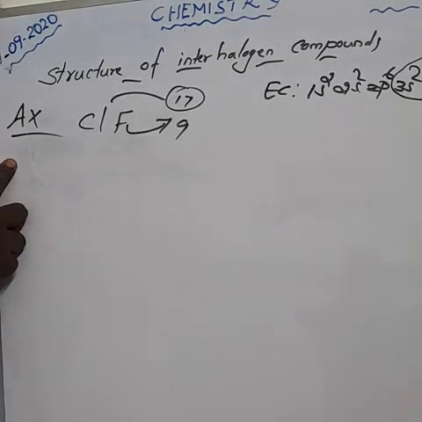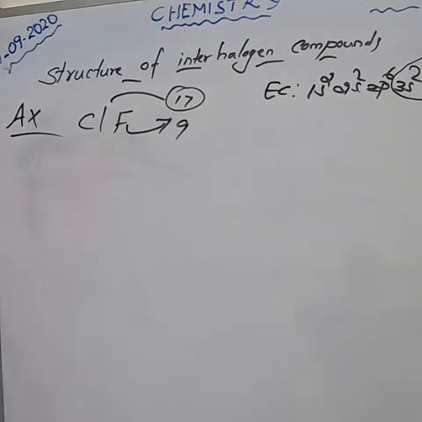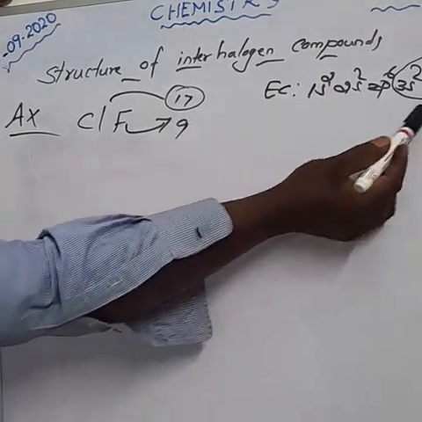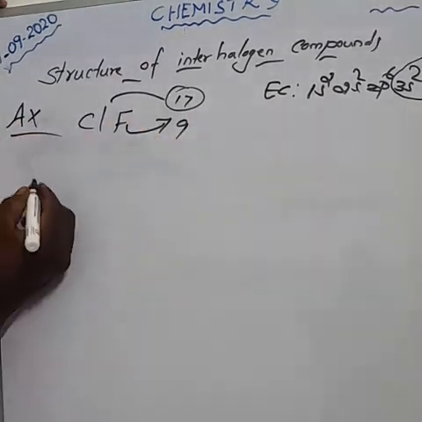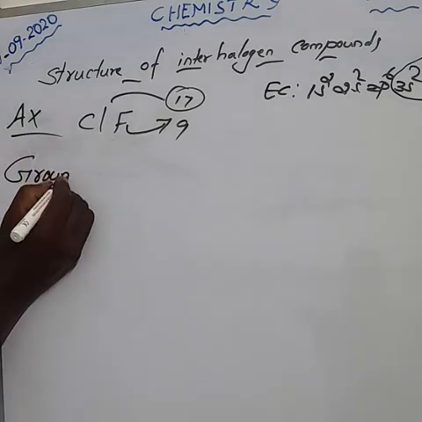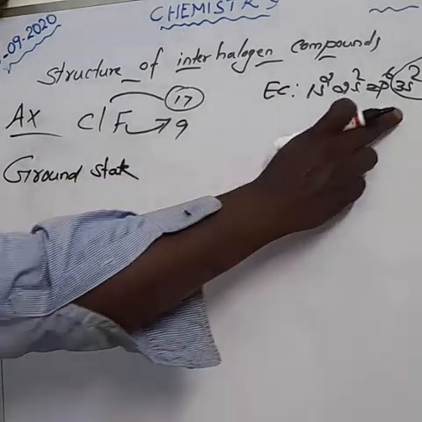For the AX type molecule, the example is ClF, chlorine fluoride. Here, first we are writing the ground state. I am taking the last valence shell.